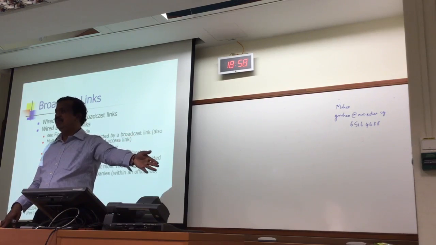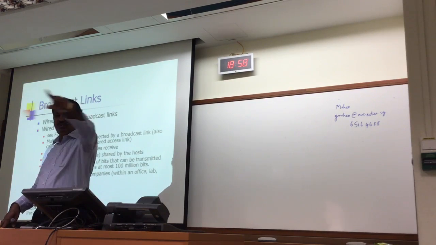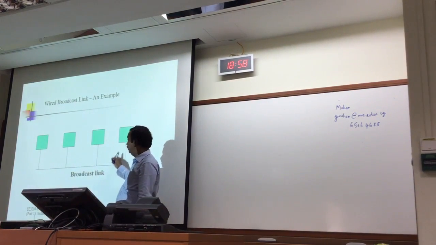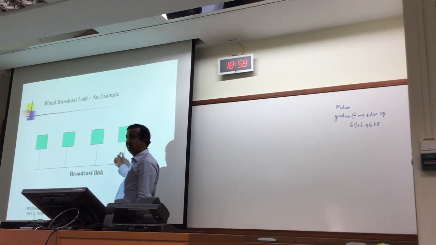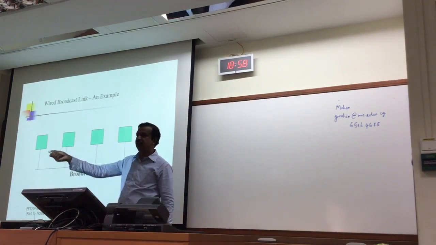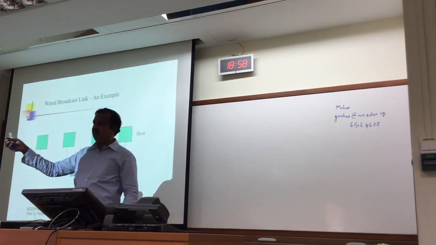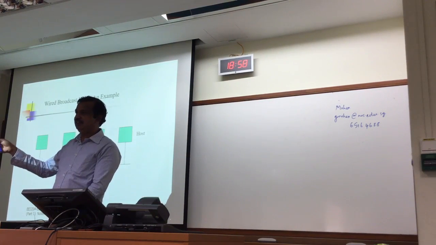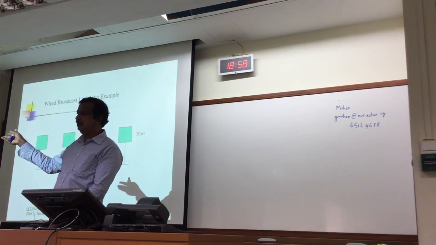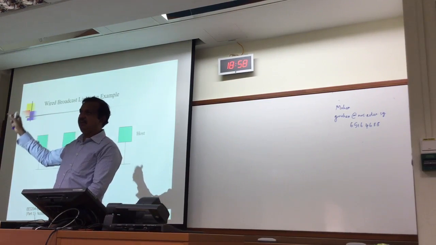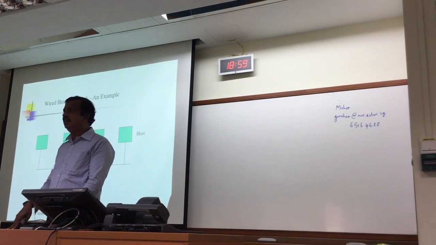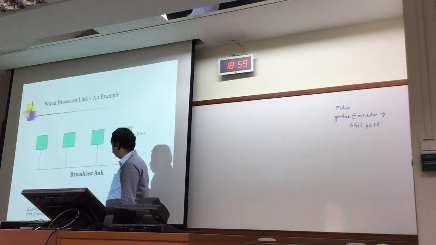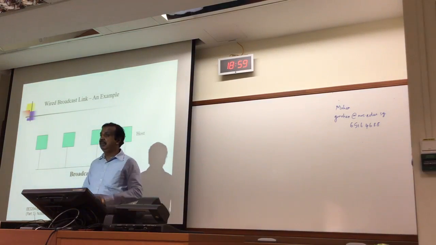So let's say there's an Ethernet cable running around, and these are your computers. You connect to the Ethernet socket through a link. Earlier you used to have a lot of sockets here and there on the campus. Now everybody is using wireless. I don't know whether there are still extra sockets on the wall. So all these computers or hosts share the same cable.